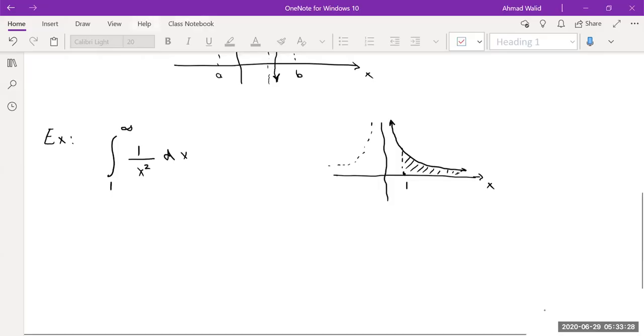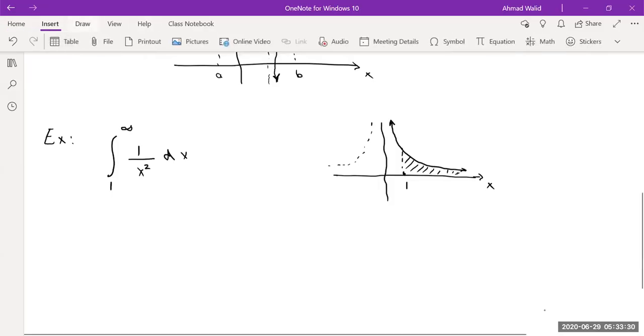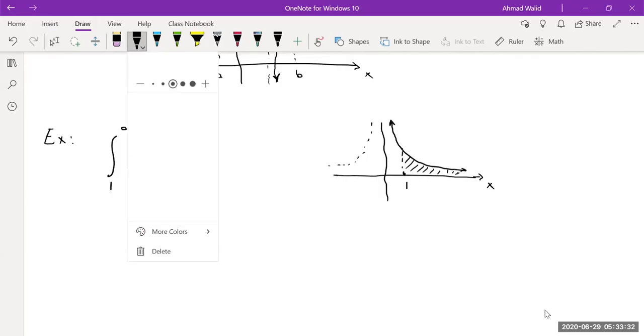To find that interval, I can select a point, for example here, and I will name this point T. If I put this point T, and later move my T slowly, closer and closer to infinity, then I can find this area, correct?